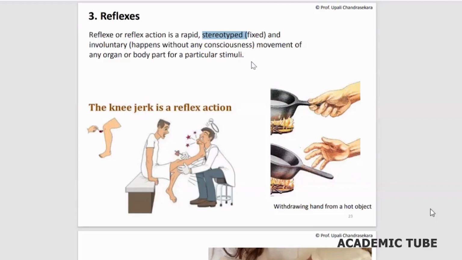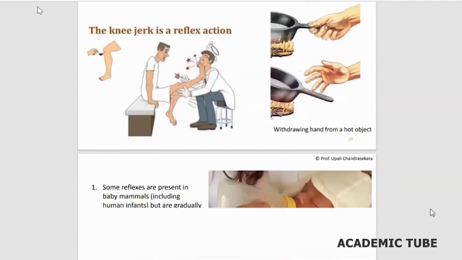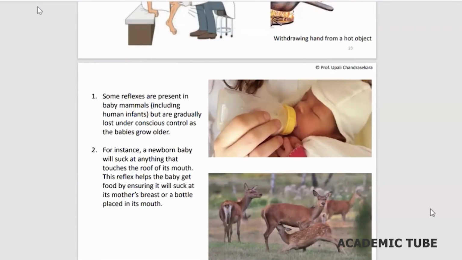I'll tell you some other examples as well. Small babies, right? A baby just being born. If the baby is brought to the mother's breast, somehow the baby finds the teat and begins to suck.